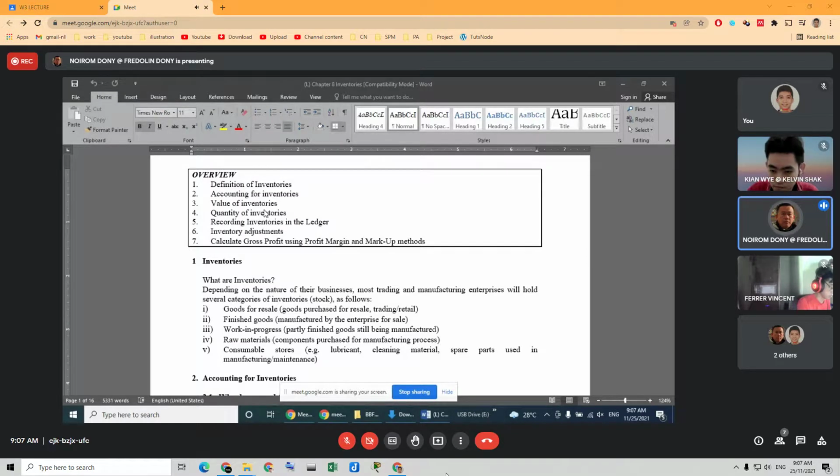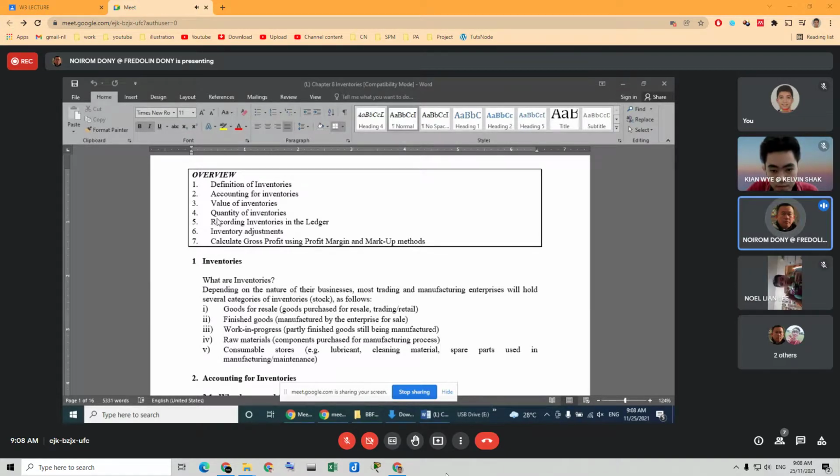So we're going to learn how to value the inventory. And at the same time, we are observing the accounting concept that is prudence, isn't it? So as inventory is an asset, we do not want to overvalue the inventory that is in stock.